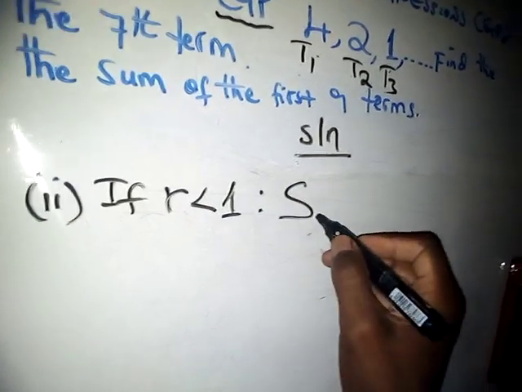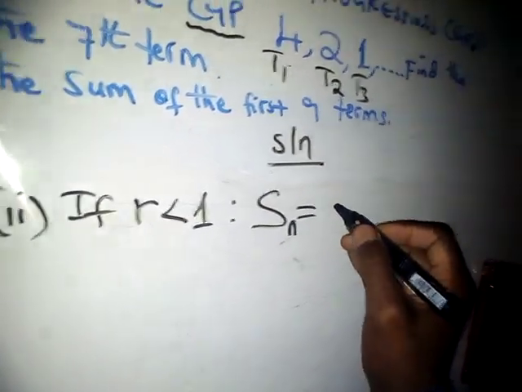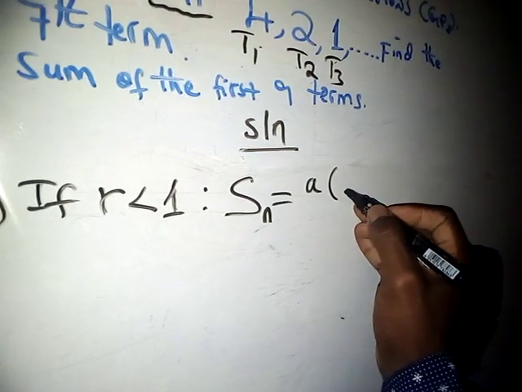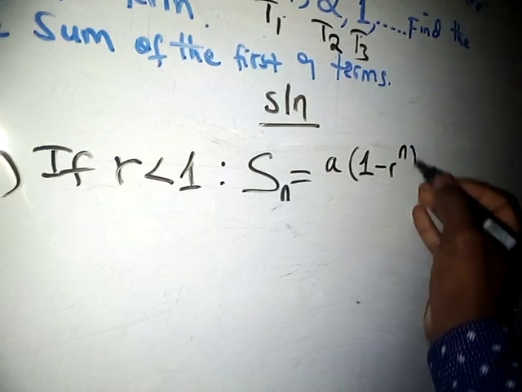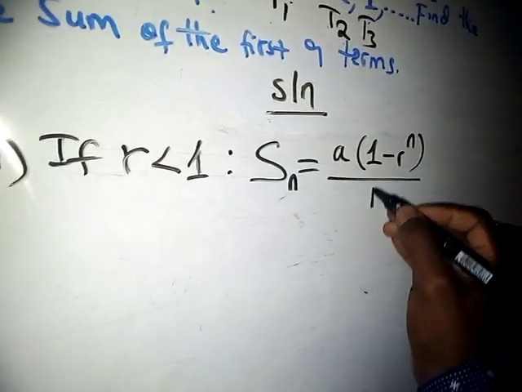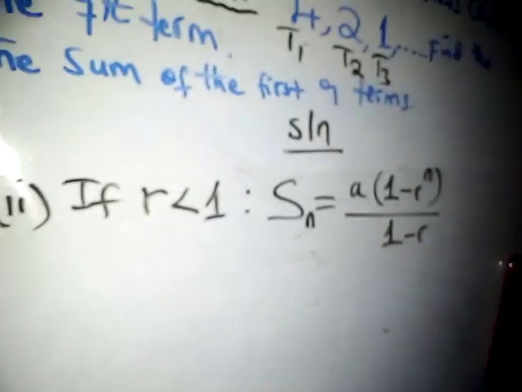The sum of the first n terms of a GP equals A open 1 minus R to the power n, then everything we divide by 1 minus R.